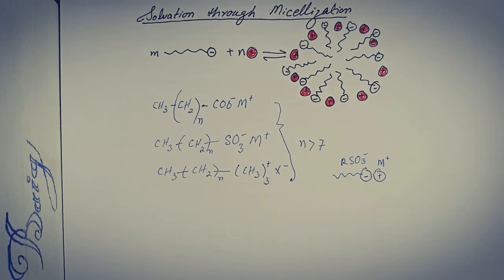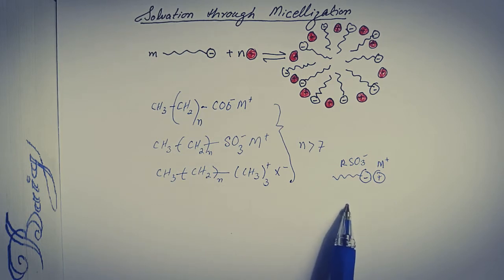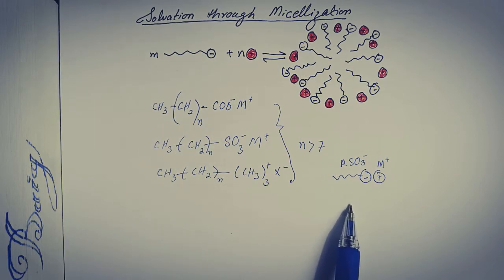So amphiphiles represent the presence of distinct polar and non-polar regions in the same molecule, and salts of such large organic ions are often highly aggregated in dilute aqueous solution.